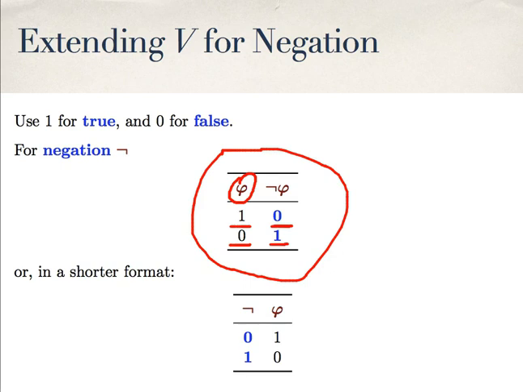So this means that negation simply inverts the truth value of a formula. If the truth value of phi is 1, then negation of phi is 0. If the truth value of phi is 0, then the truth value of not phi will be 1. At the bottom here, you see another truth table that is the same as the truth table above, just a shorter version of it.